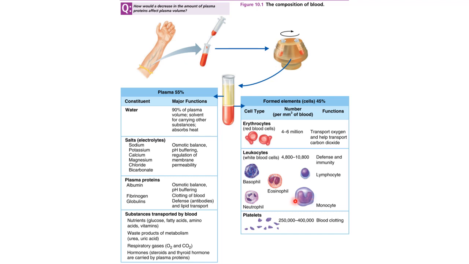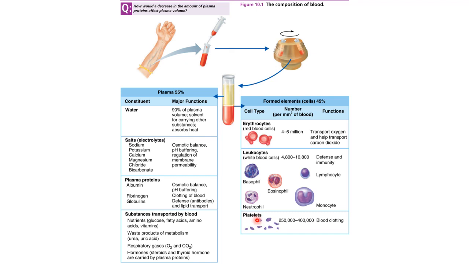And the last component, formed element of the blood, would be platelets. But you have to understand that platelets are not cells themselves. Kasi wala na silang nucleus and wala na silang organelles, no? What they have are granules.